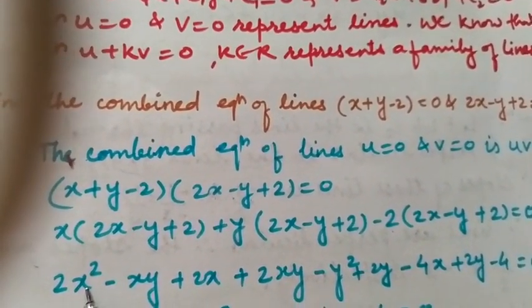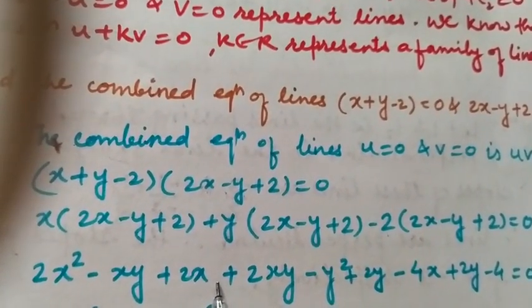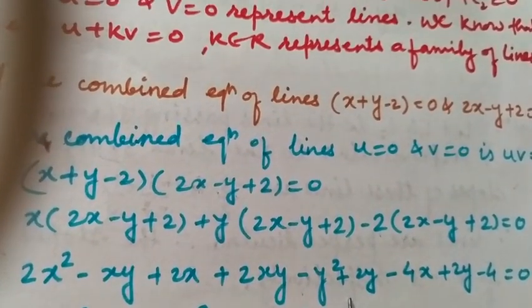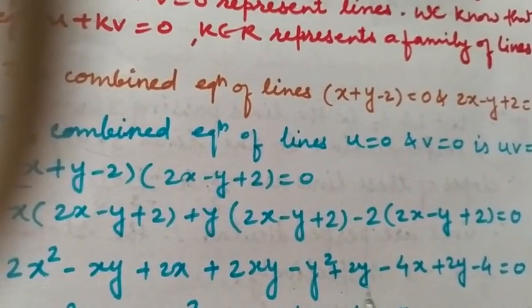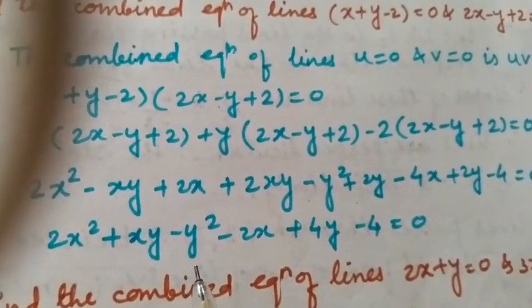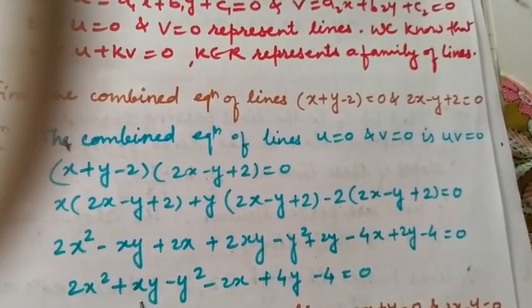Simplification will give you 2x square minus xy plus 2x plus 2xy minus y square plus 2y minus 4x plus 2y minus 4 is equal to 0. Just simple multiplication will give this. Now simplify further.